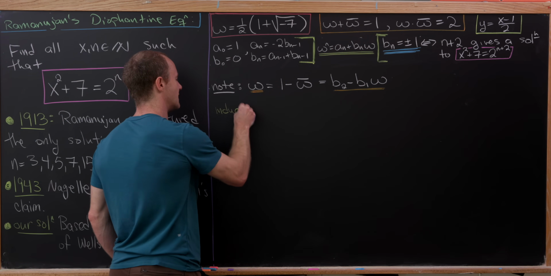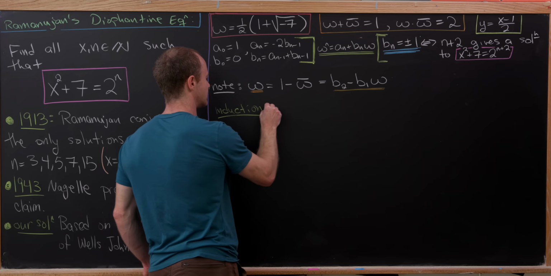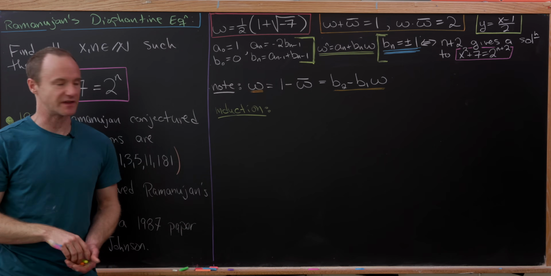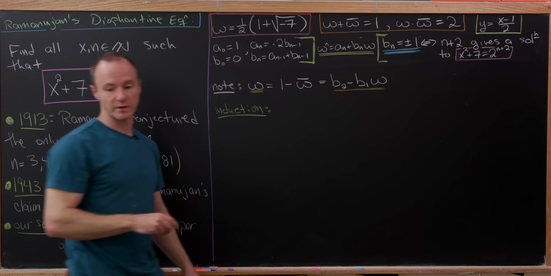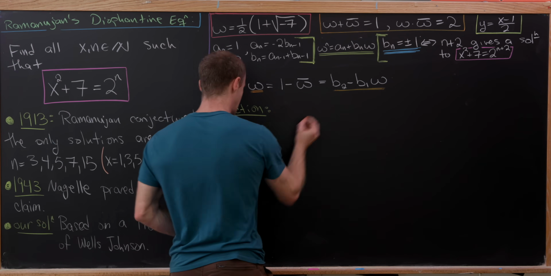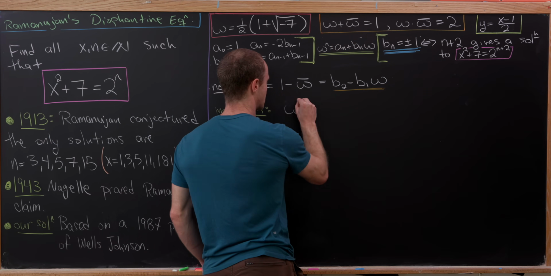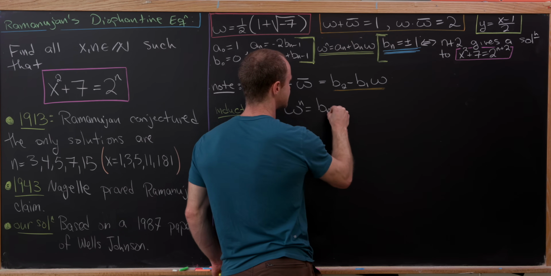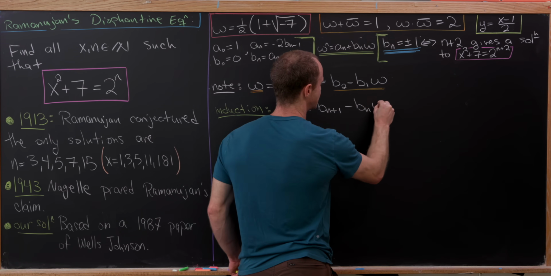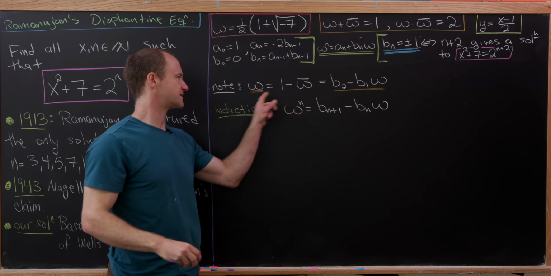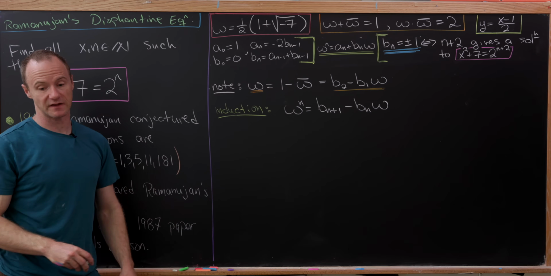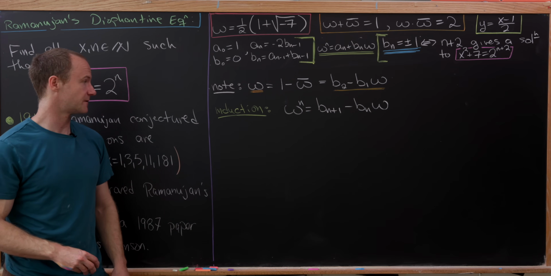And just for time, a lot of these steps that can be proved fairly easily with induction, we're going to skip. So with induction, we can prove that omega to the n power is equal to b sub n plus 1 minus b sub n times omega. Notice that follows this pattern that we've observed in the orange underlining.